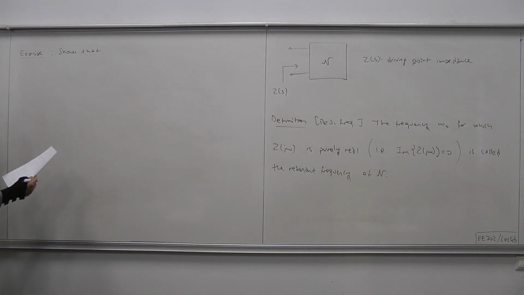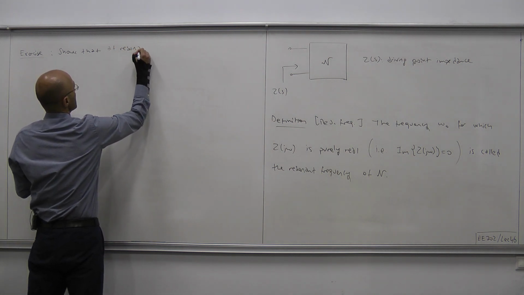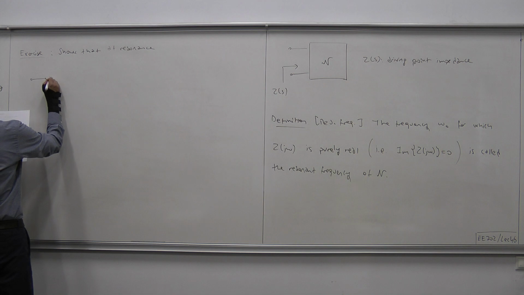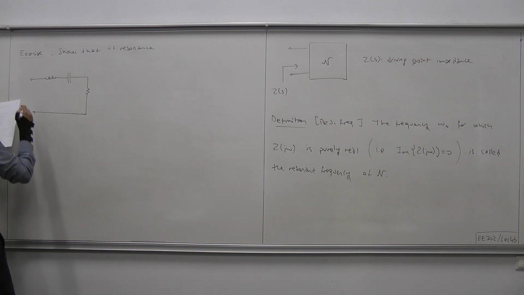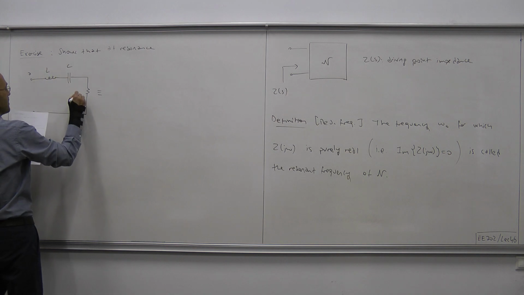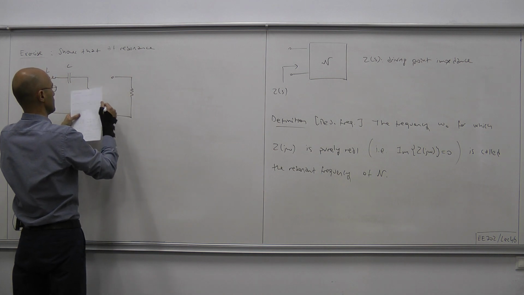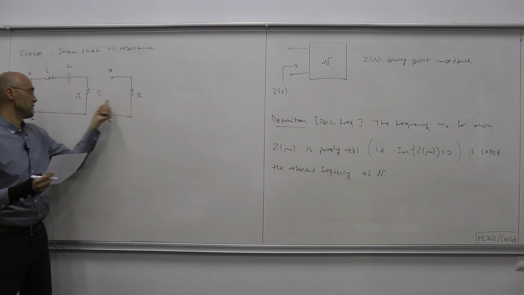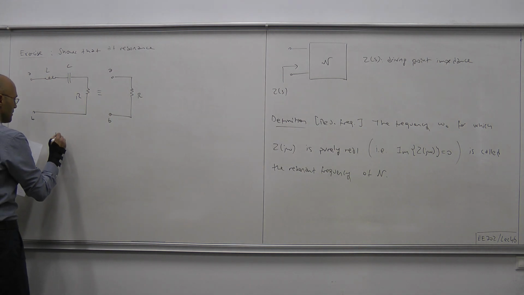So here's a very simple but important exercise. Show that at resonance, which you should figure out, this series connection LCR between A and B is equivalent to just this resistance, and this resistance is the resistance of this resistor in the original construction.